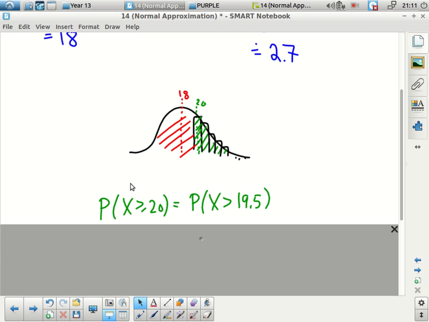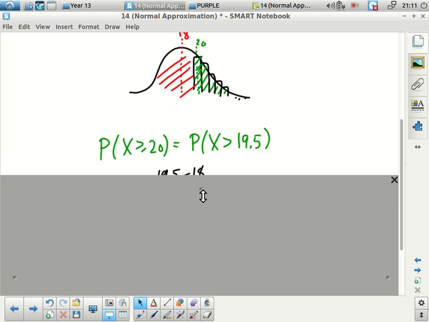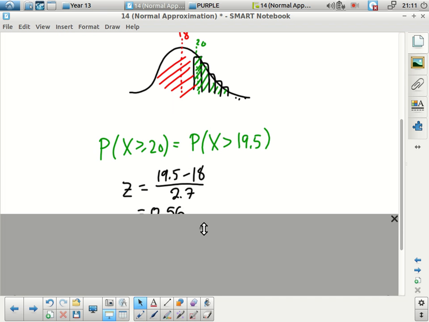So in the binomial distribution, I'd want the probability that x is greater than or equal to 20. In terms of our z-scores, that's going to translate into probability x is greater than 19.5. So now we just run through the same thing.